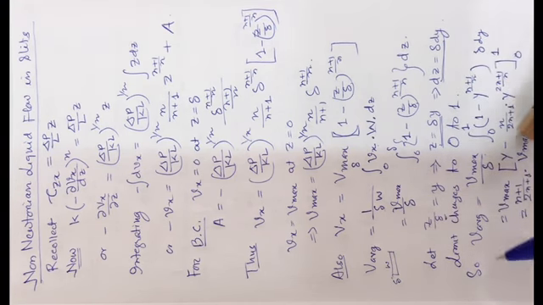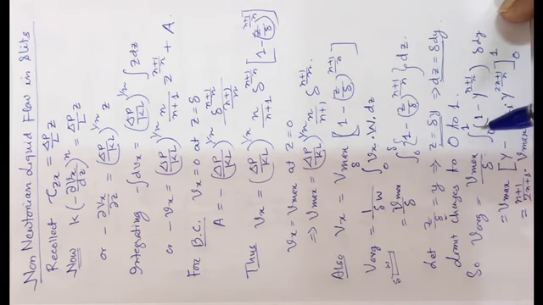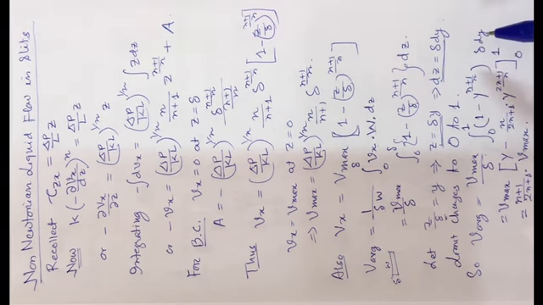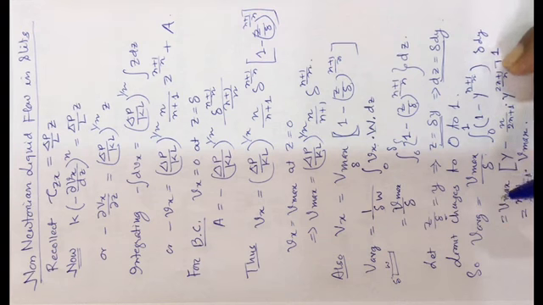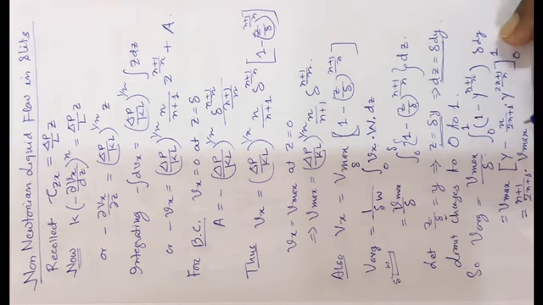Therefore V average is equal to V maximum by delta, integral 0 to 1, of 1 minus y to the power n plus 1 by n, and this delta into dy. Okay, so these deltas are getting cancelled, so V maximum into y minus n by 2n plus 1 times y to the power 2n plus 1 by n, from 0 to 1, and then we get this expression.